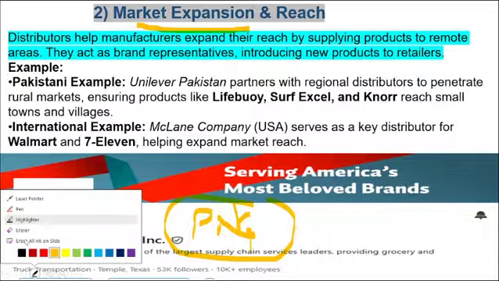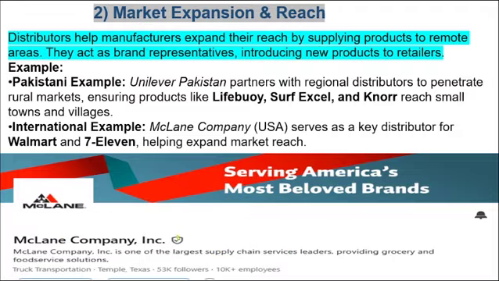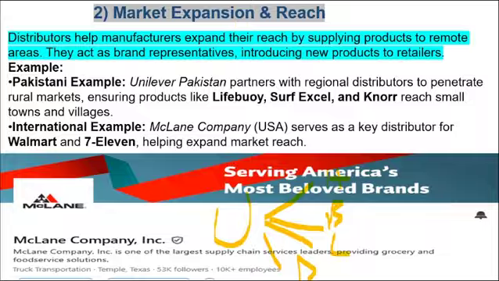P&G, or you can say Unilever. Let's understand this with the help of the example of Unilever. Unilever is making different brands, products A, B, C, D. We can see the others in the upcoming slides. How are they expanding and reaching the market? The distributor gives the real demand forecast as well as the real demand of the customers.